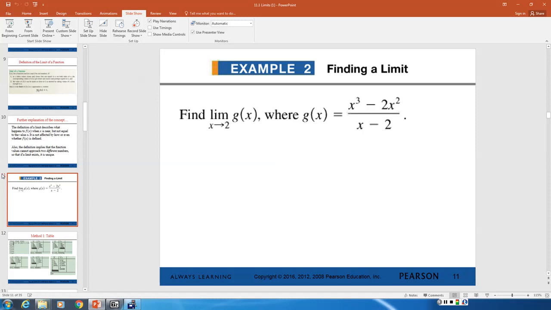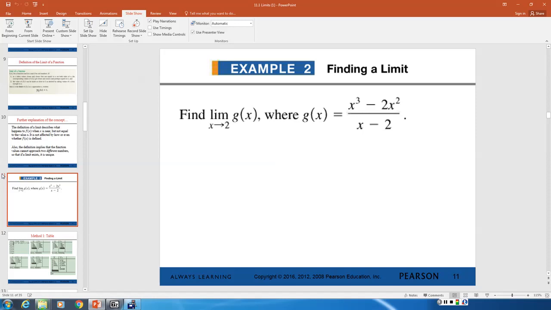There is a common factor here of x squared. So f of x is really the same behavior as x squared, but we have to make the note that x can't be 2 because in the original function it can't be.